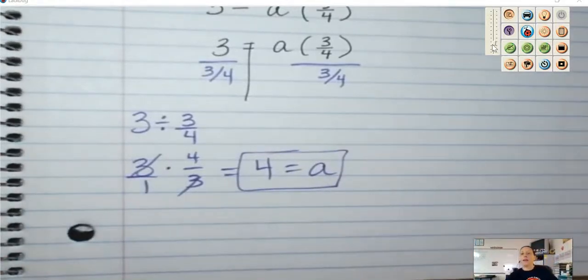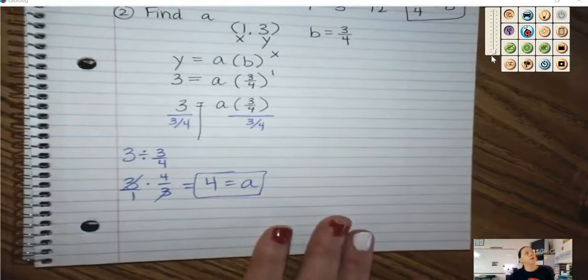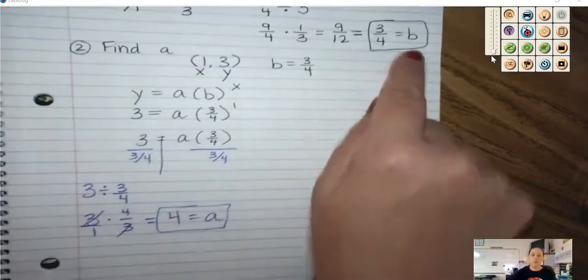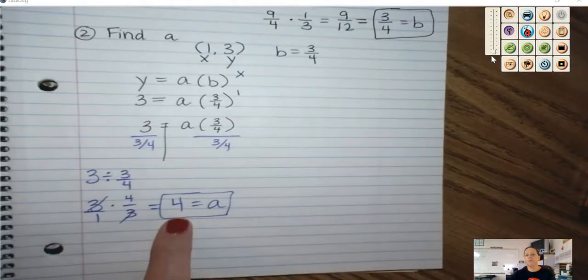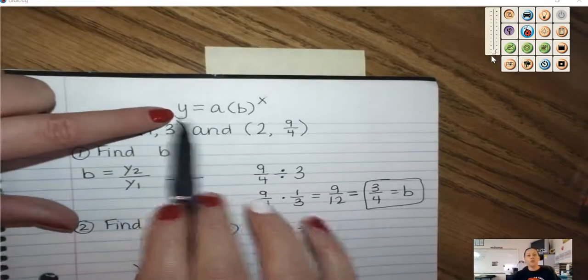Okay, now we know the A and the B, so go ahead and write the equation for me. I know my B value, I know my A value. Now come up with your equation. So when you write it, it should be in this format.